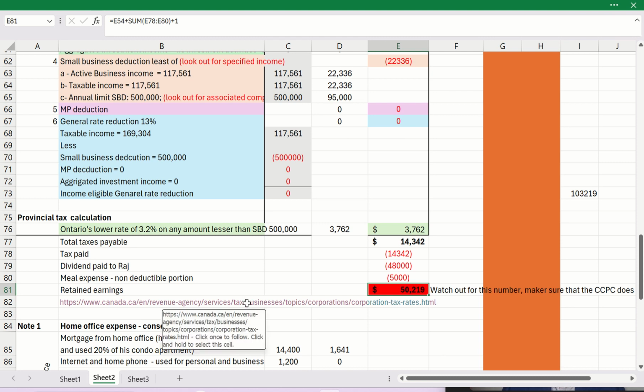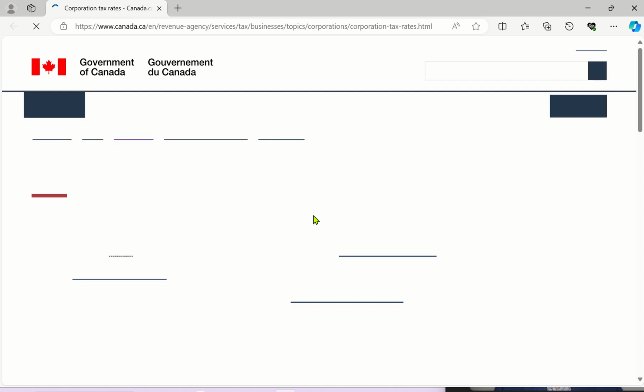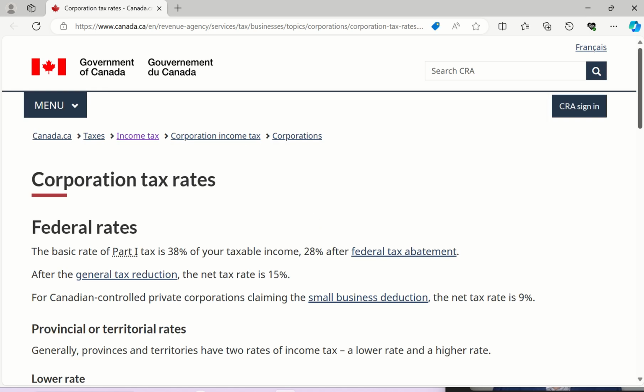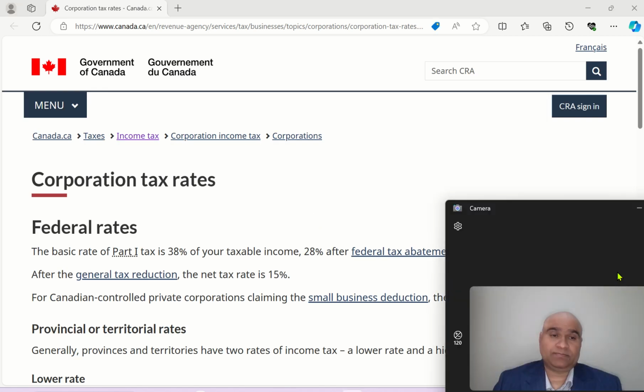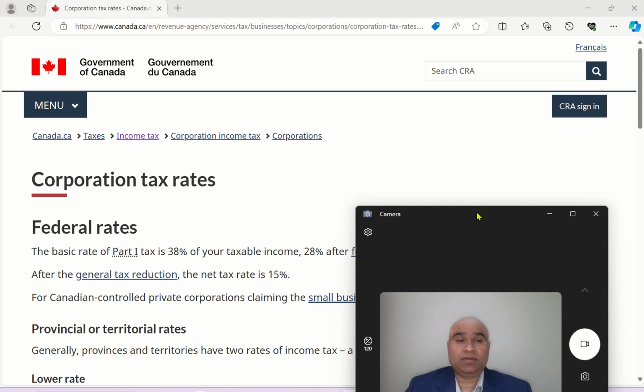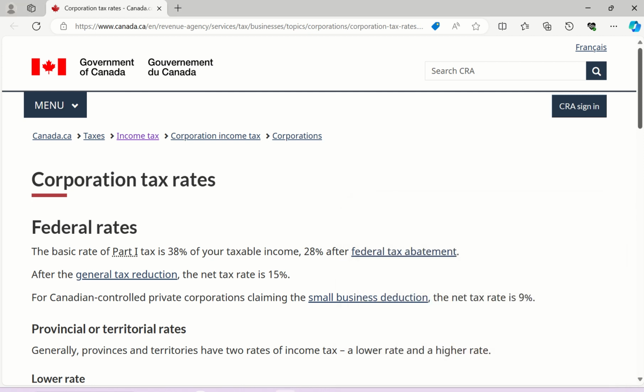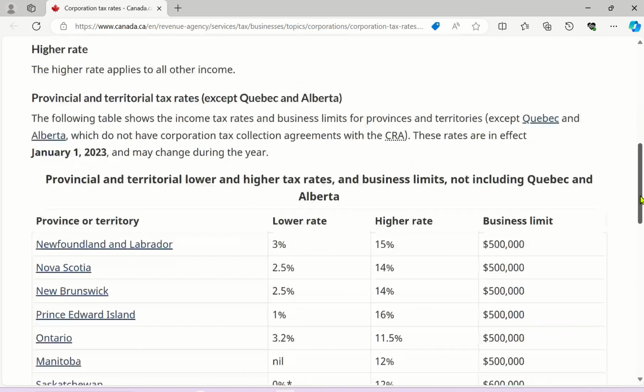So the tax rates: you might have a question, where do I get the tax rates from? This is the link for it here. If you click on this link, it'll take you to CRA. So this is the CRA site.